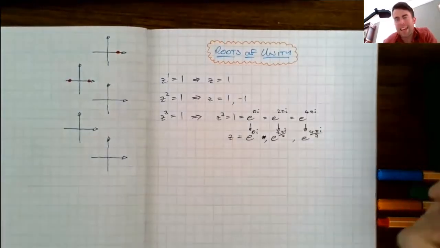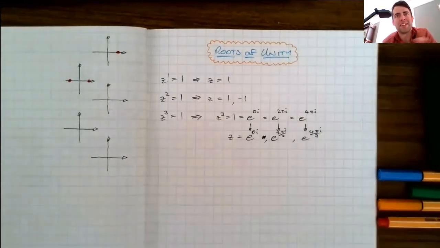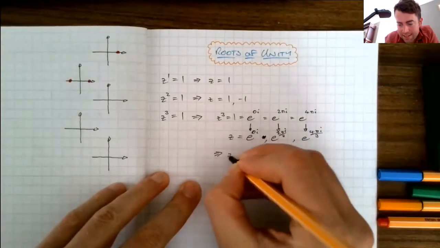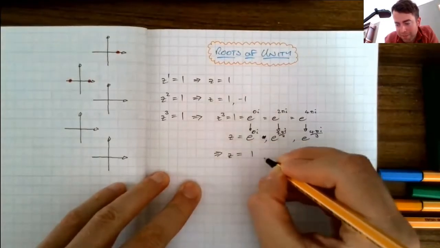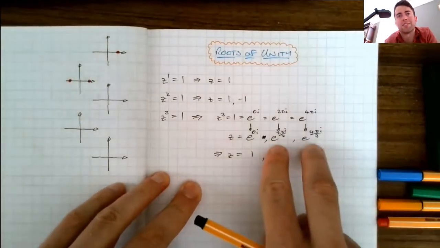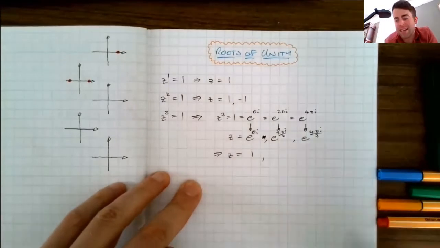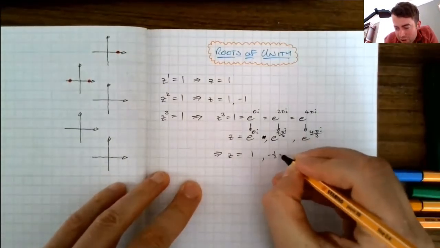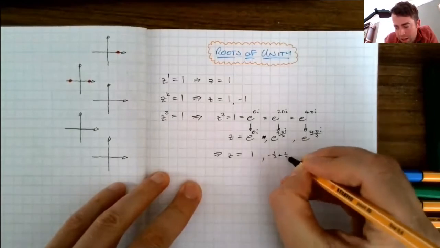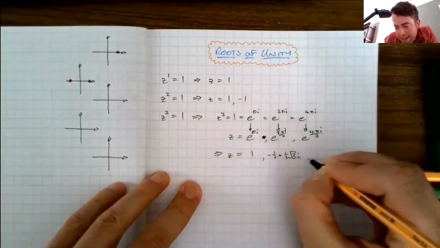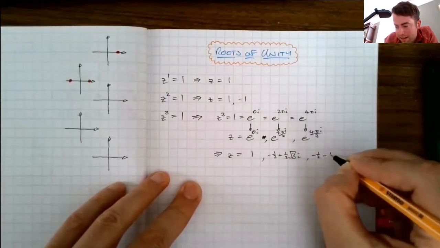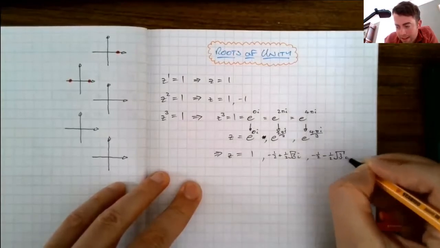We can write those in x plus iy form, in Cartesian form, like so. That one's just the number 1. And if you use a calculator to work these ones out, I just know them off the top of my head. We would get negative a half plus half root 3 i, and negative a half minus half root 3 i.